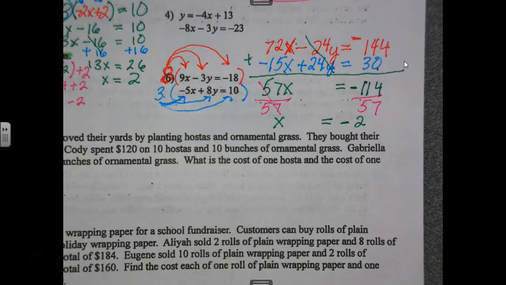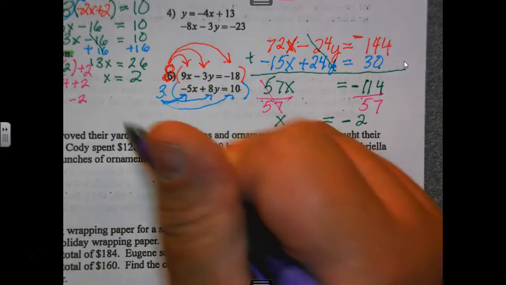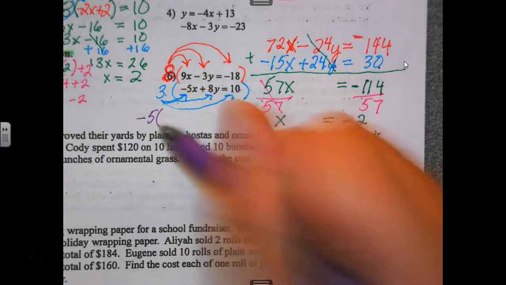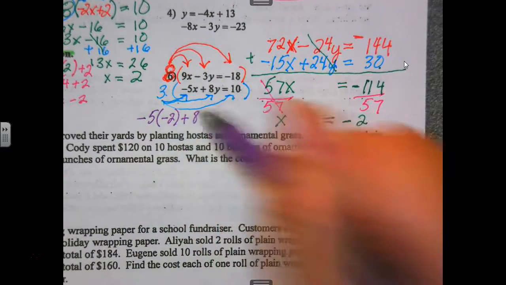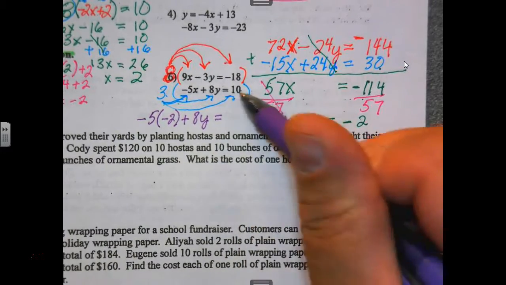I got to go back and get my y. Does it matter which one? No. This time I would probably choose the bottom one. Just what I would do. My x is negative 2.